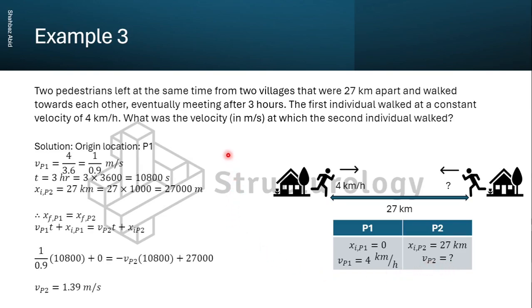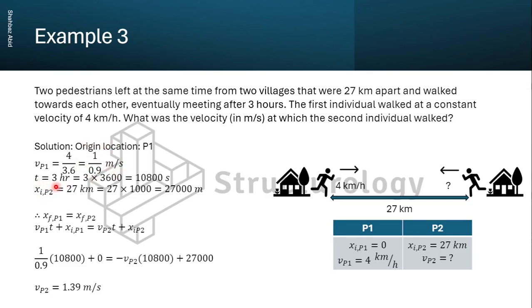First of all, we have to convert all the lengths to be in meters and all the time to be in seconds. So the velocity of P1 was 4 kilometers per hour. In my lecture 1 video, I have given a shortcut: if you want to convert kilometers per hour to meters per second, divide that number by 3.6, you will get the answer in meters per second. So the answer is going to be in fraction as 1 over 0.9 meter per second to be accurate.